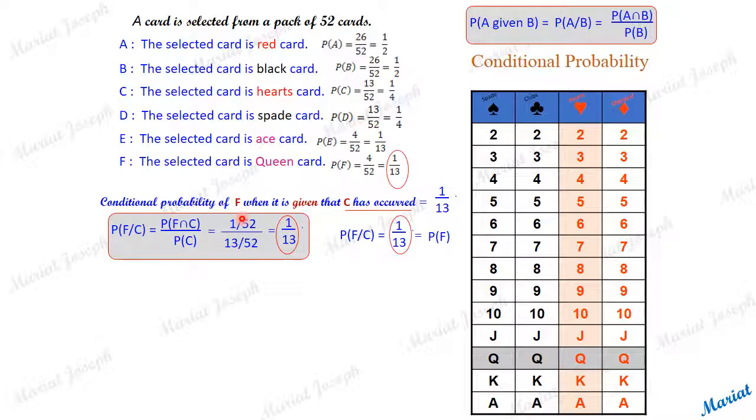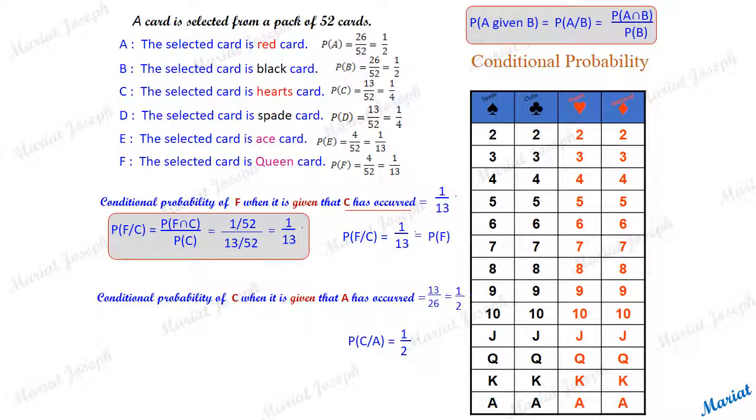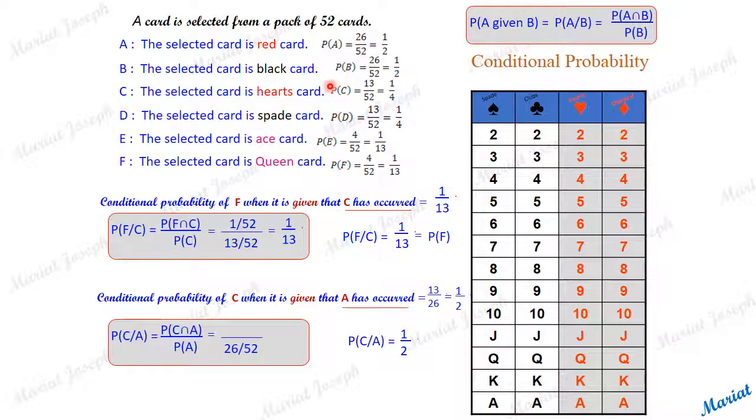Let's take the second example that we already considered earlier. Probability of C given A. The probability was calculated to be half. Now, let's go by the formula also. According to the formula, probability of C given A should be probability of C intersection A upon probability of A. The denominator, the simple probability of A, is 26 by 52.